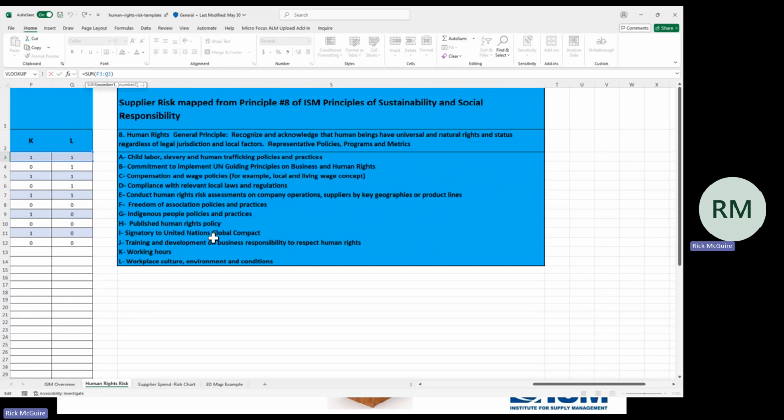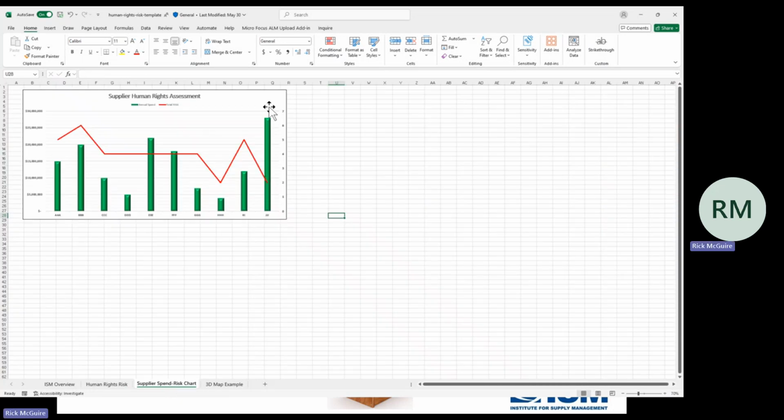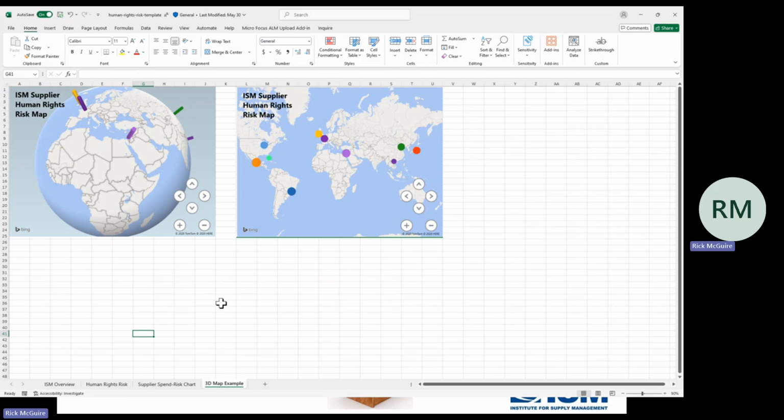Columns C, D, E, F: freedom, indigenous people, published rights, signature. So I guess it sums up those columns. Annual spend, it's the country, this is the supplier. And then it'll give you a chart and a 3D map example.